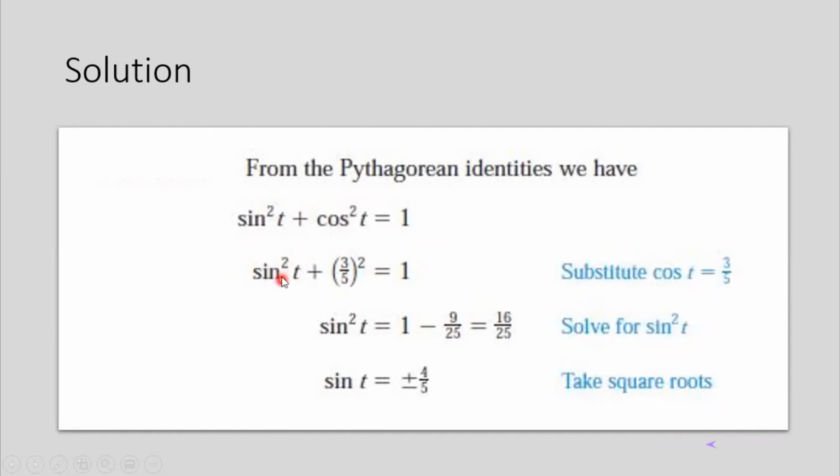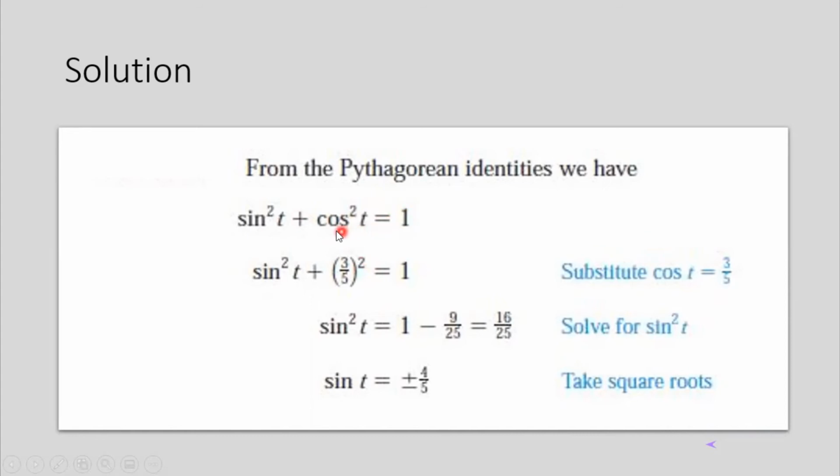Because sine squared t plus the value of cosine t, which is 3 over 5, then you square that one. Why? Because of this formula, we have to square cosine t. Now, for your information, cosine squared t is just equal to the quantity cosine t, squared.